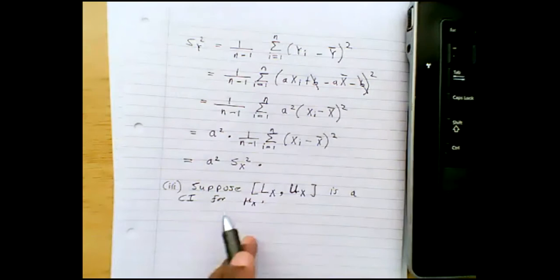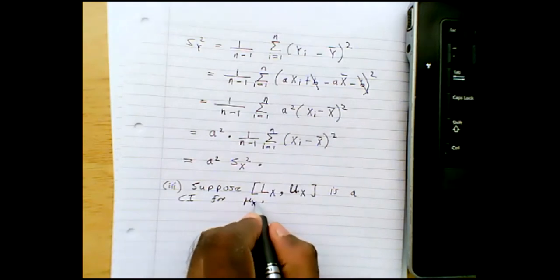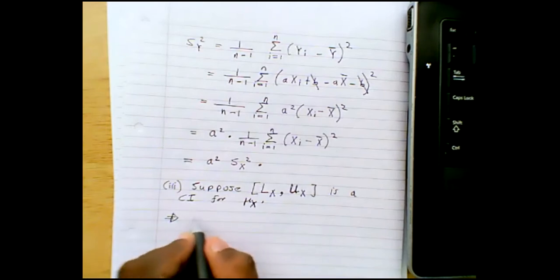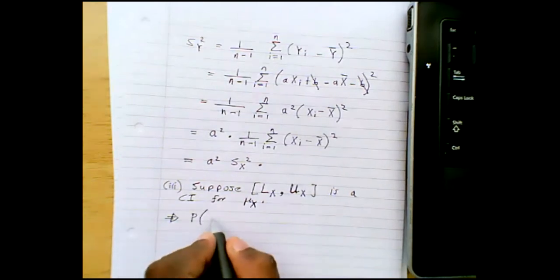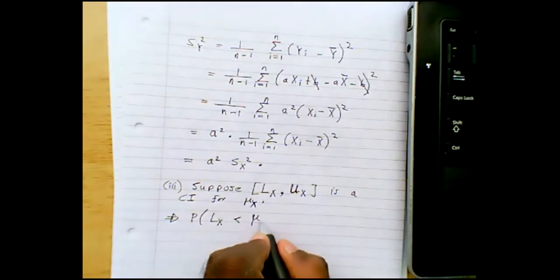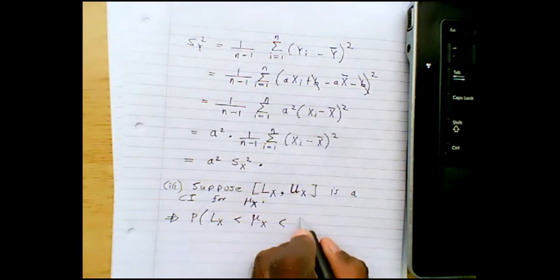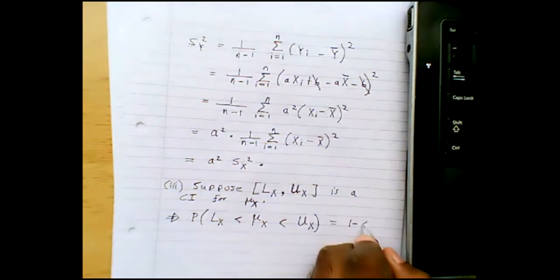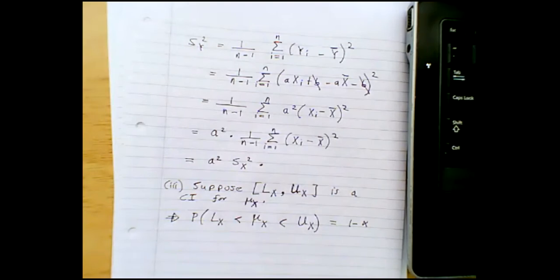Suppose this is a confidence interval for mu x. Remember mu x is the population mean for the variable x. Now what this implies is the following: this implies that the probability is this, right? You follow me?